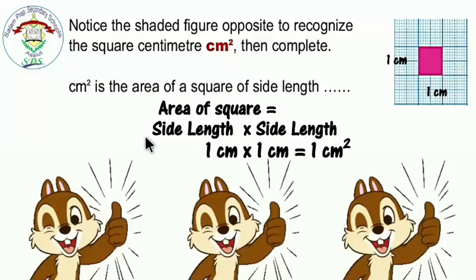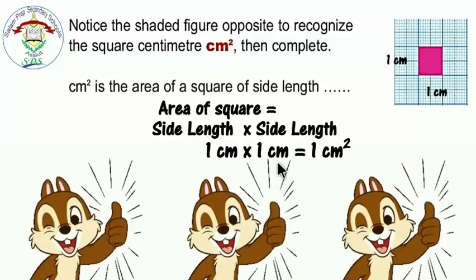The rule to find the area of a square: we know a square, it's required to know its side length. To find the area, side length times side length. In this figure, the side length equals 1 centimeter, times side length 1 centimeter, equals 1 times 1 equals 1.